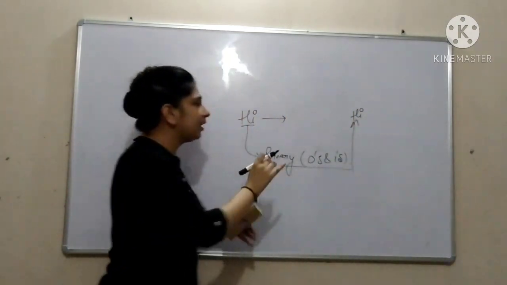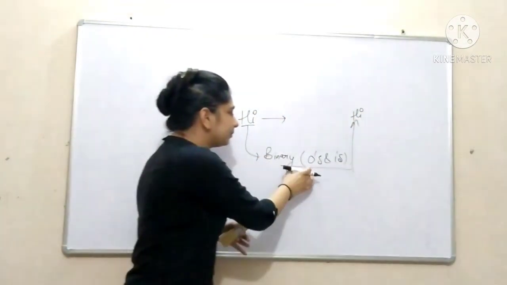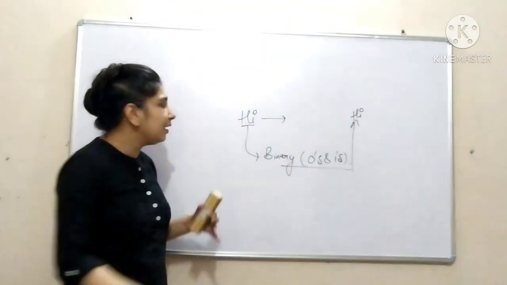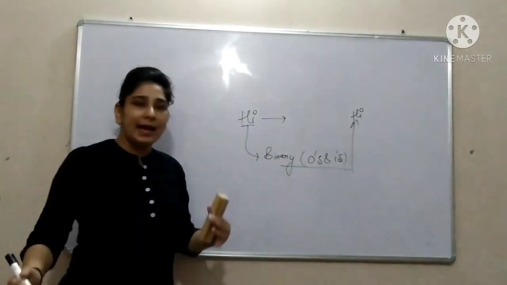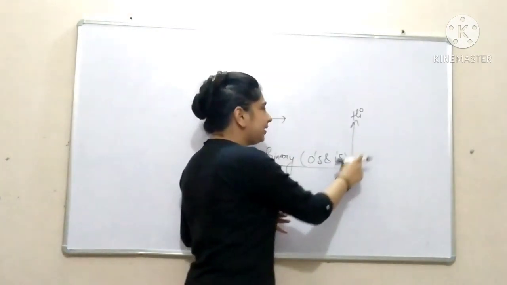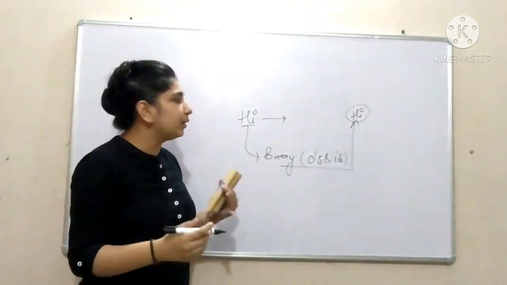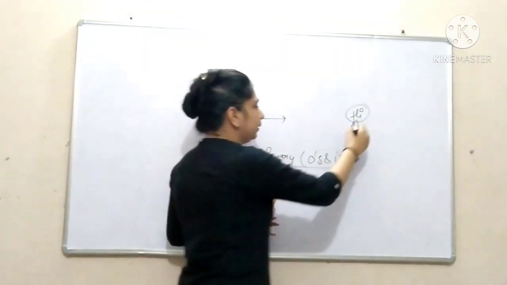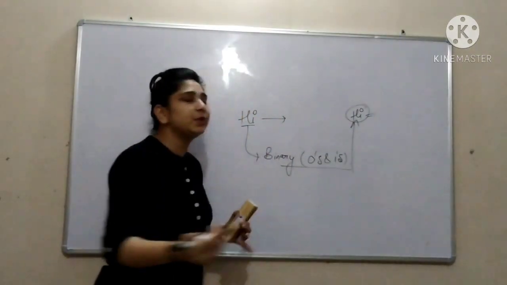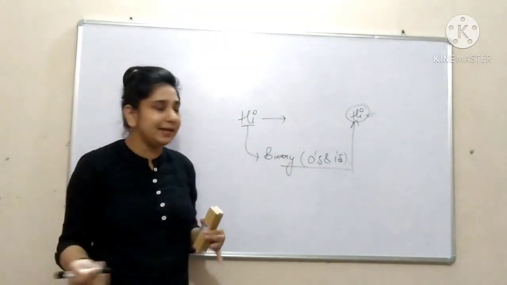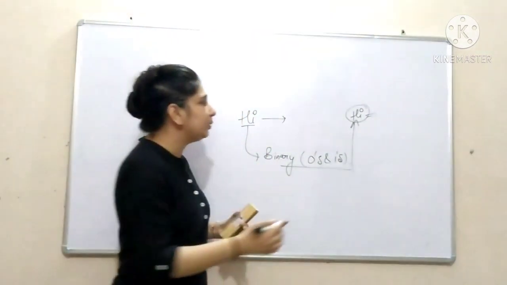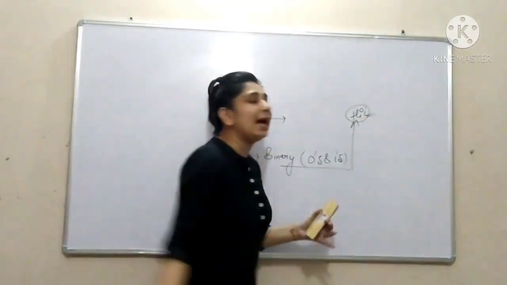On the channel, it moves in the form of zeros and ones, and at the destination it is converted back to hi so that the user can understand it. If it is in the form of zeros and ones, we can't understand it, so we need to reconvert it back into the high level language.